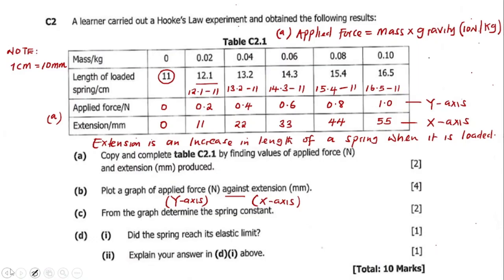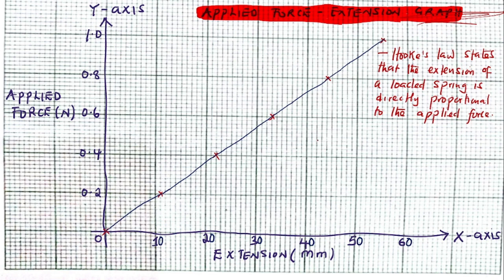Let's look at the next question. We are told from the graph, determine the spring constant. Meaning we should find the constant of this spring. So the constant of the spring, or the spring constant, can be calculated by the change in y over the change in what? In x.